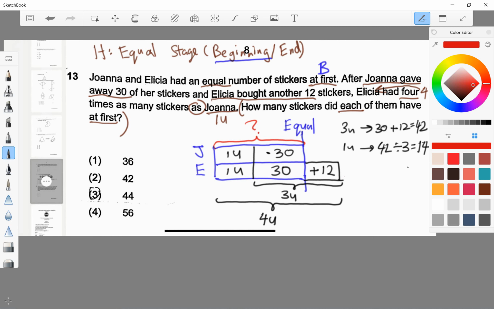Joanna in this case is just 1 unit plus 30. So Joanna at first will just be 14 plus 30, which leads us to 44. So 44 being our answer, I'll use my pencil and circle option 3, and we have found the answer.